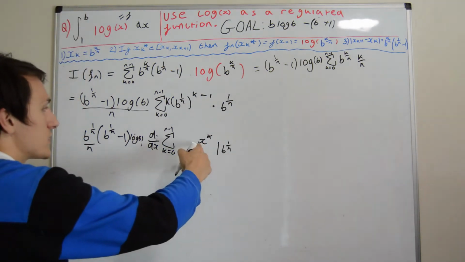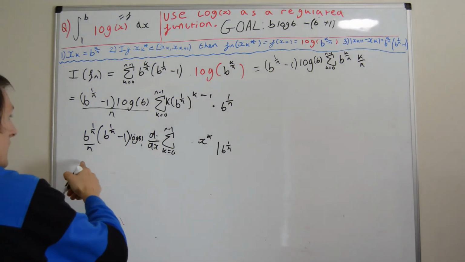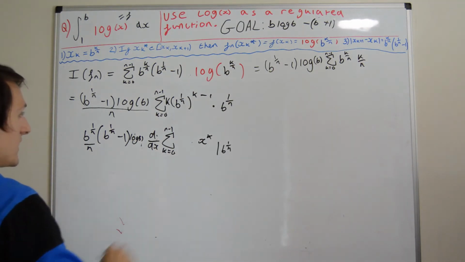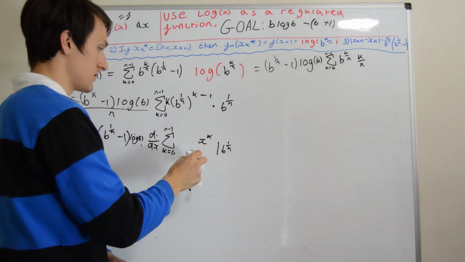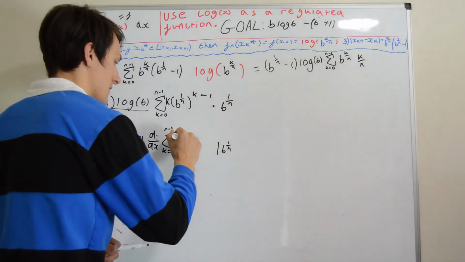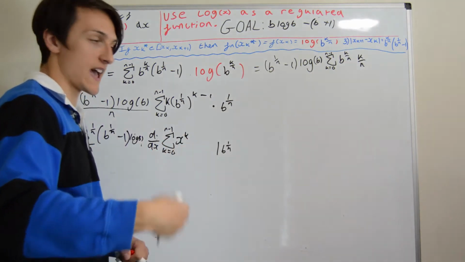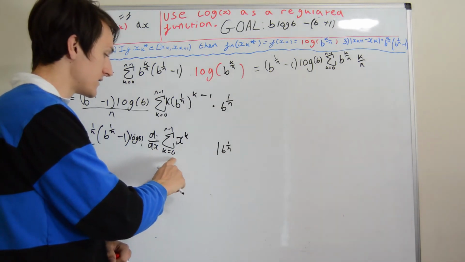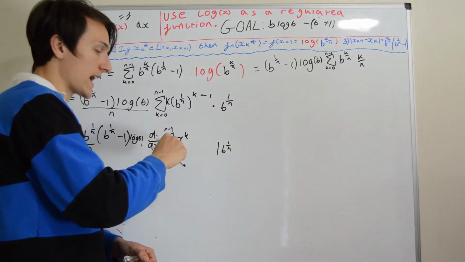And this is geometric now, so this is quite easy to evaluate. So we have this big thing times, again, this is geometric. We had x to the k. The common ratio is x, and our starting value is 1. When we plug in x equals 0, we get x to the 0, which is 1.